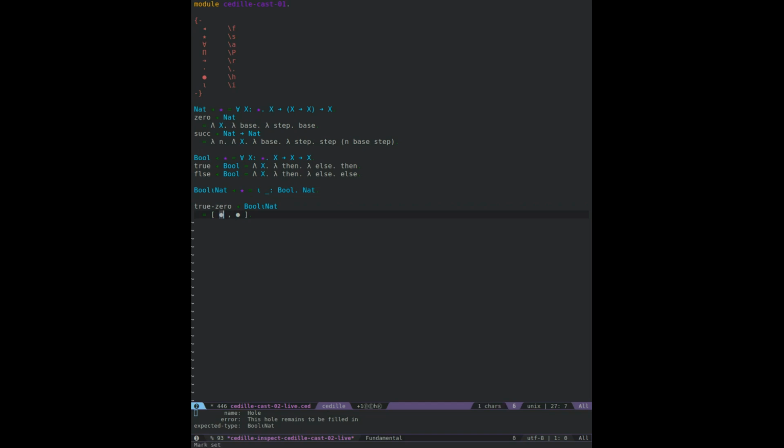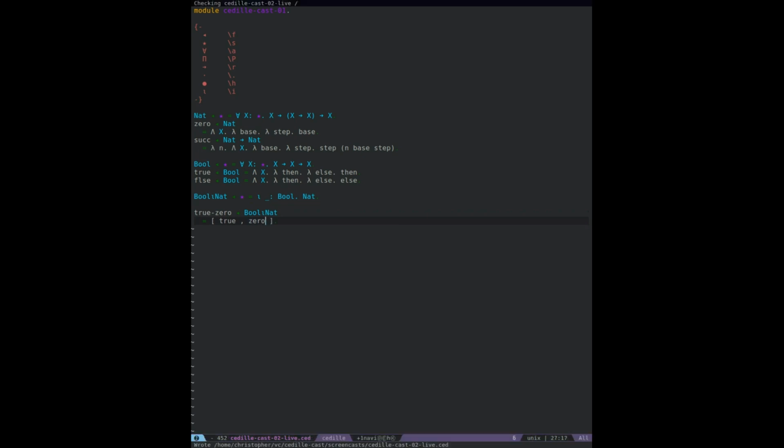The thing that goes in the left-hand side is the thing on the left of the intersection. Here, that would be true. And the thing that goes on the right-hand side is a term whose type is that found on the right-hand side of the intersection.